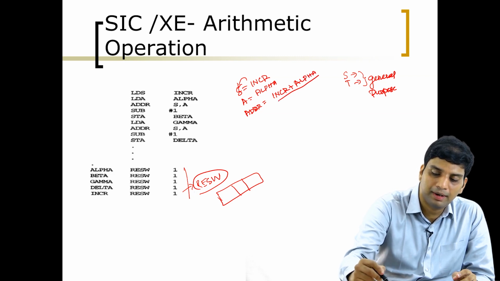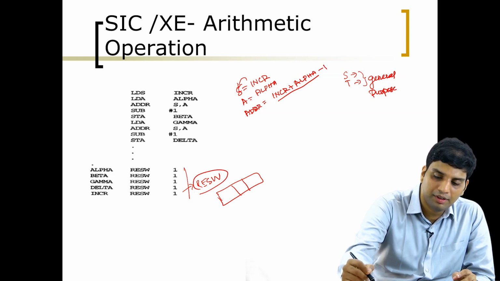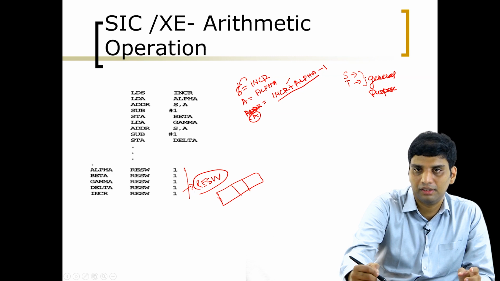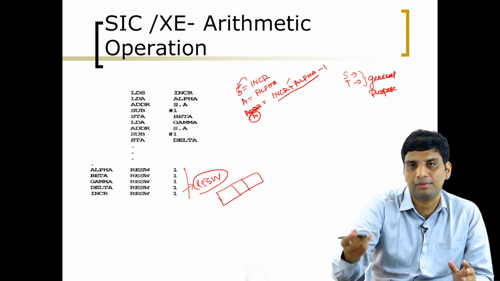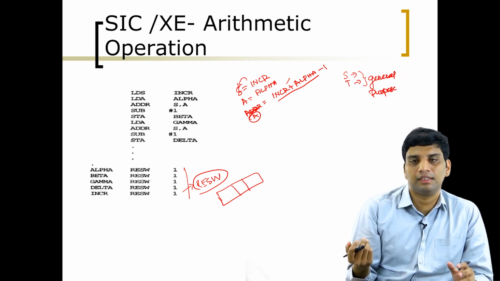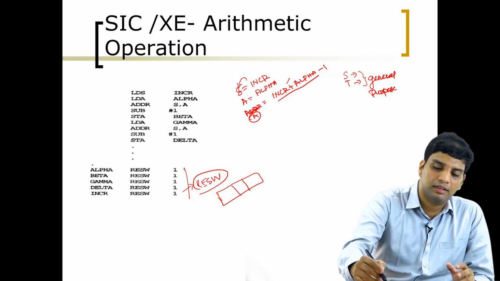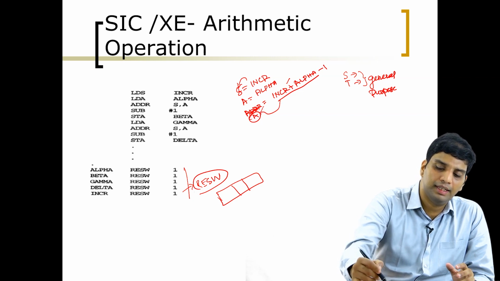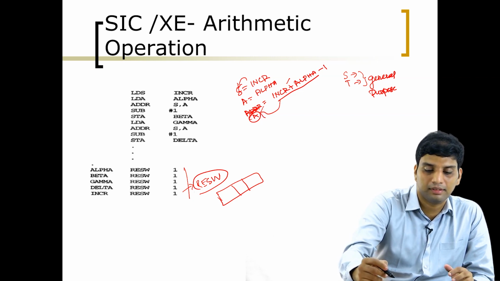What is the next line? SUB with immediate operand, subtract 1. See, whenever you are performing this addition and subtraction, the content will always be inside the accumulator. Whenever you are performing an arithmetic operation, all the values will be placed in the accumulator. Clear?